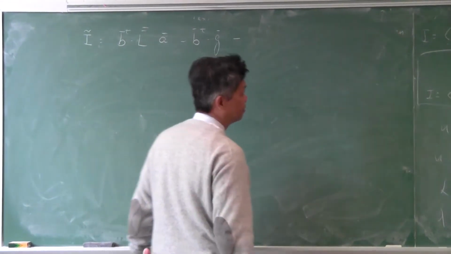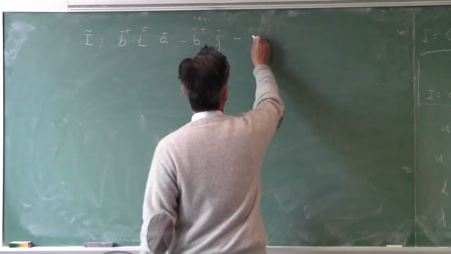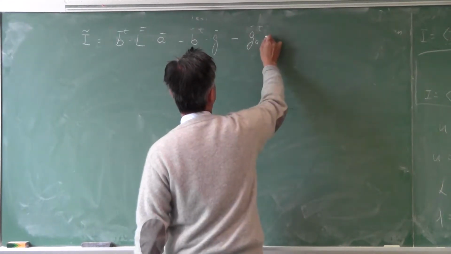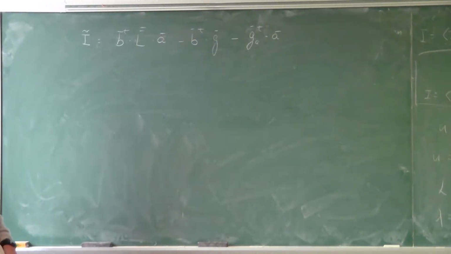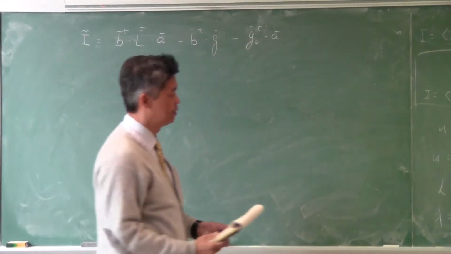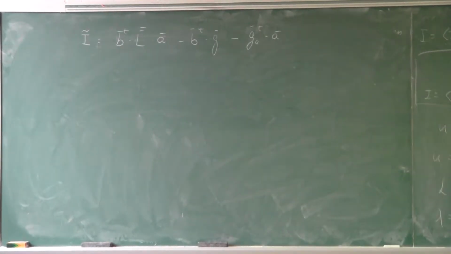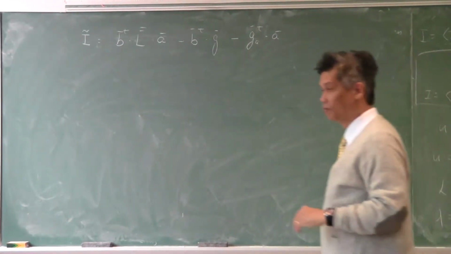And then the third term just becomes GA transpose dot A. Right? That is the first step of the Rayleigh-Ritz procedure, which is to project this thing into the subspace.